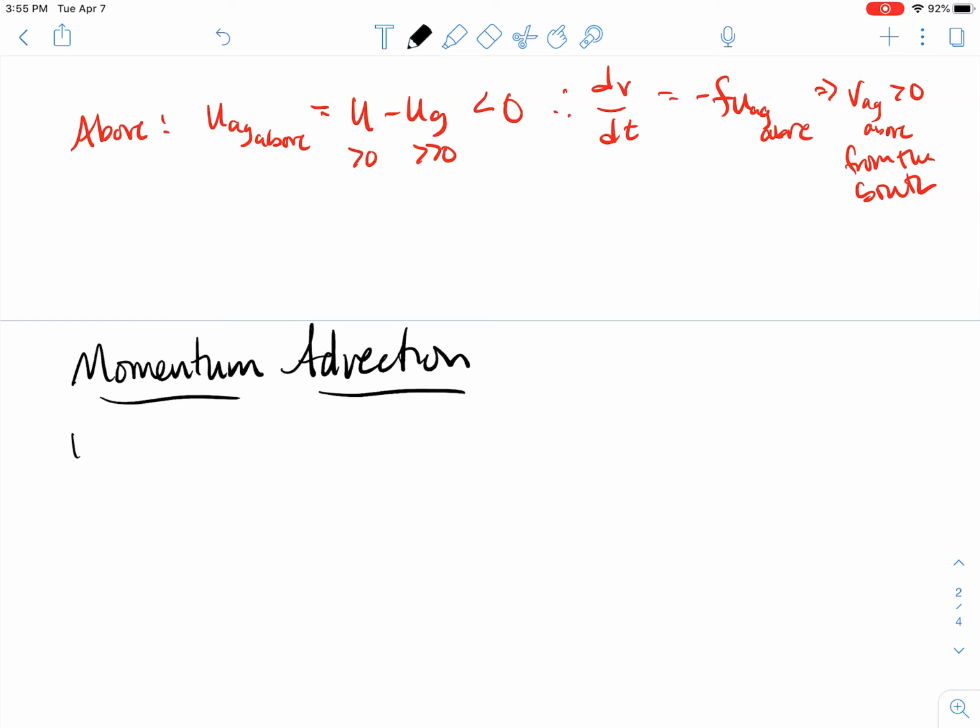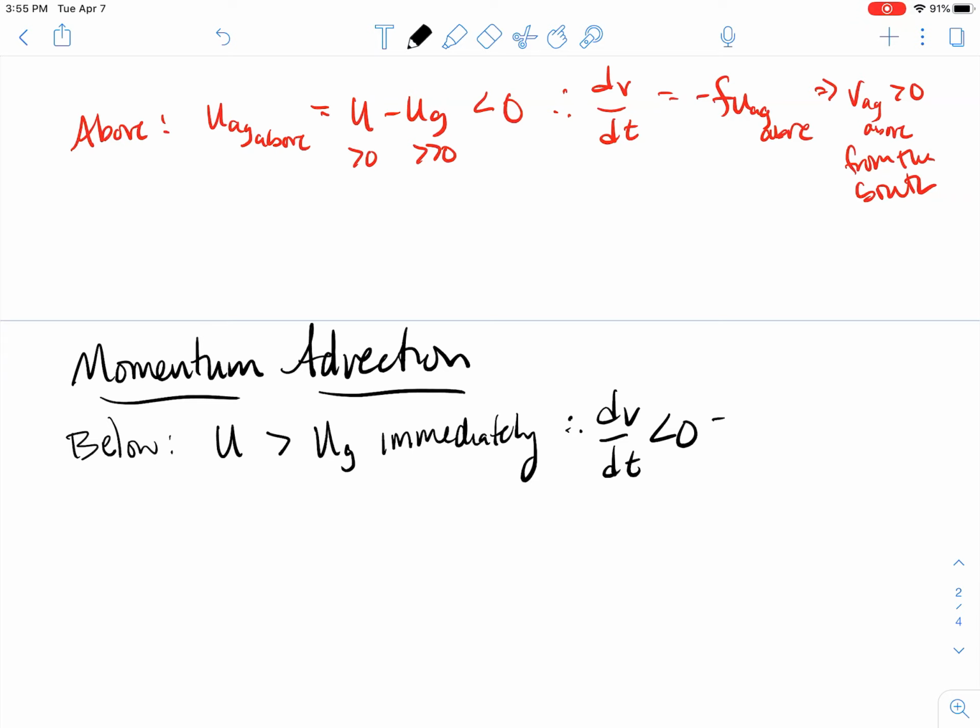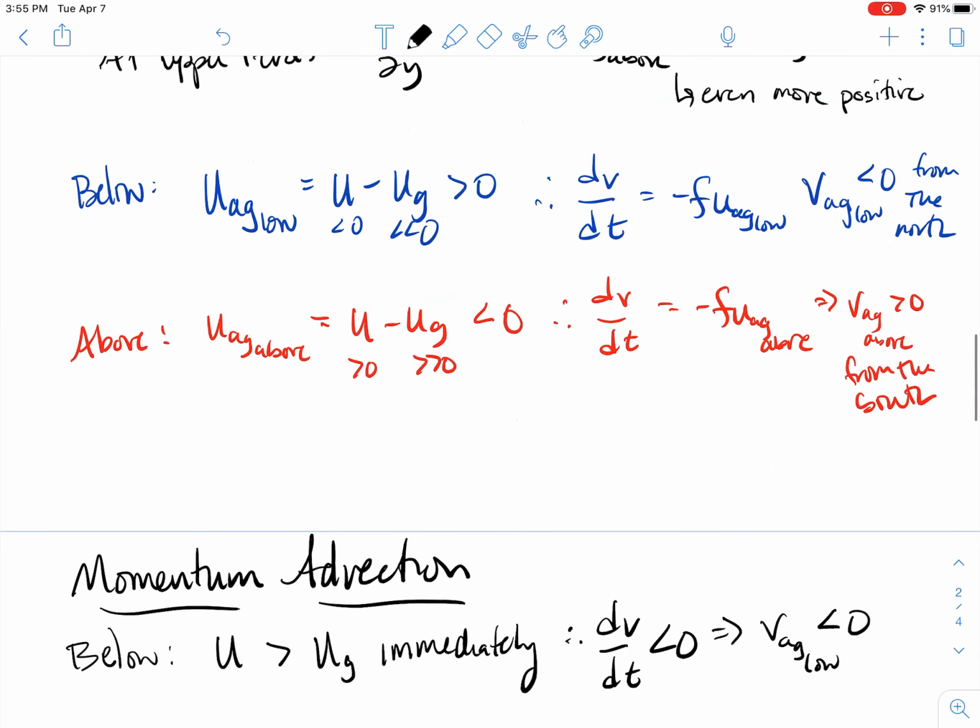And so below, we are going to have U greater than Ug immediately, such that our dv/dt is going to be less than 0, such that our Vag low is going to be less than 0, which is the same sign as what we got with our height changes above. And so we're going to have increased ageostrophic flow from the north.